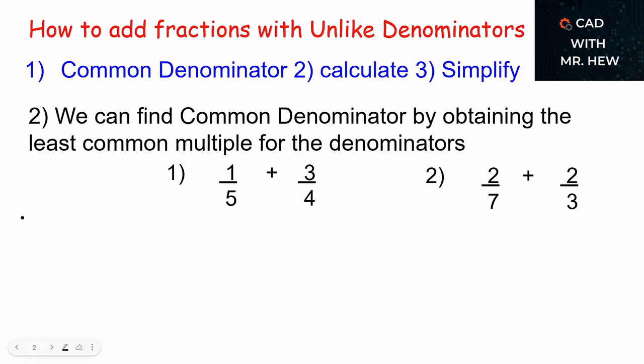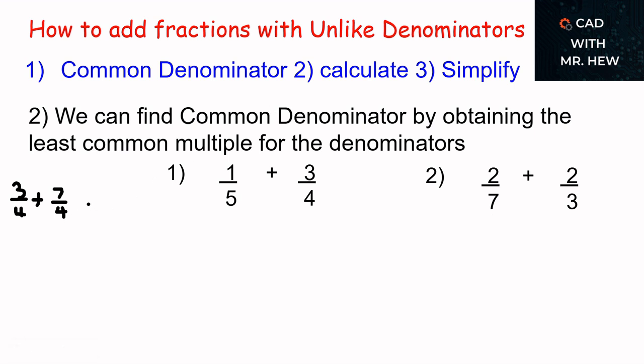All right, so let me give you an example. Again, to add fractions, the denominators need to be the same. They need to be like denominators. All right, so let me show you an example. So for example, if I have 3 and 4 plus 7 and 4, we can add these because the first rule is to add fractions, you need a common denominator.